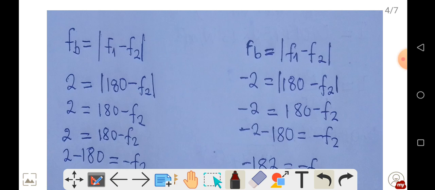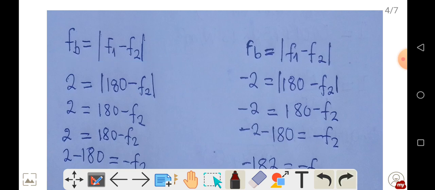Beat frequency is given by the absolute value of frequency 1 minus frequency 2. This is just renaming the frequencies. You can use letters if you want, but in this case we have decided to use numbers. Whether it's negative or positive, we just get the absolute value, which is positive.